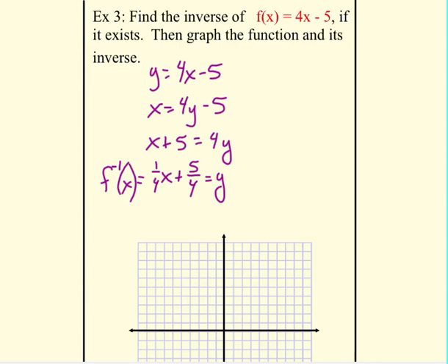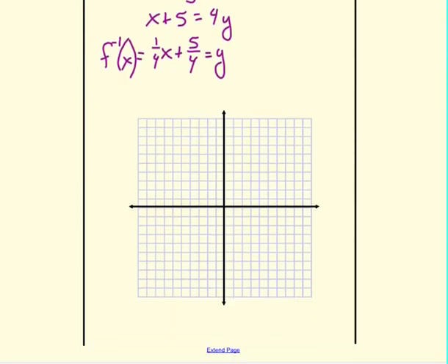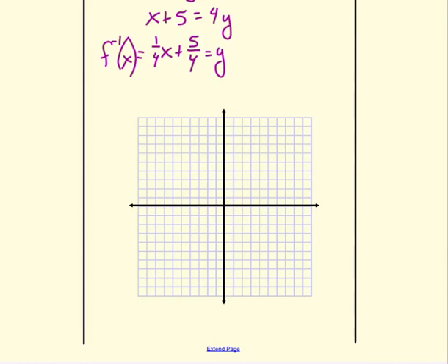Graphing the original one, we're going to start at our y-intercept of -5. And we had a slope of 4, so we're going to rise 4, run 1. And for our inverse function, we have a y-intercept of 5/4, which is a little bit more than 1.